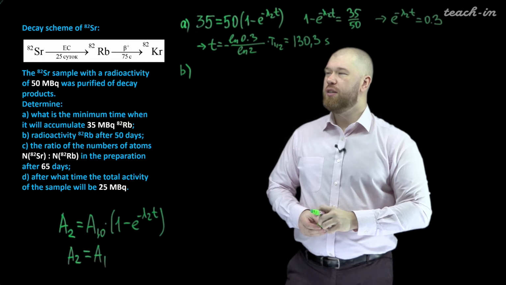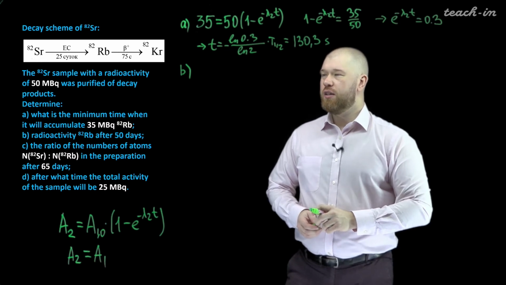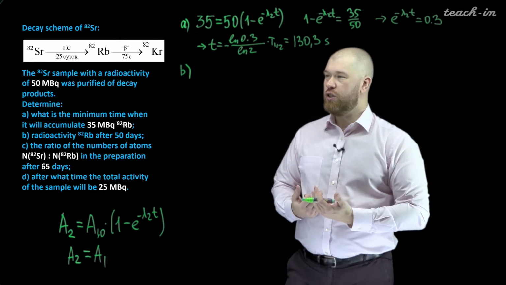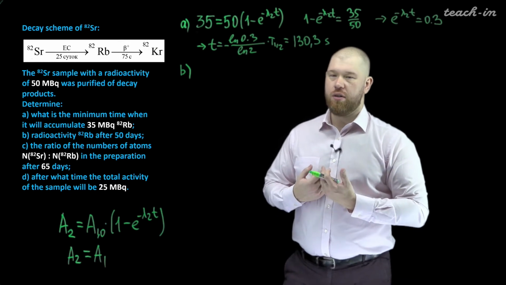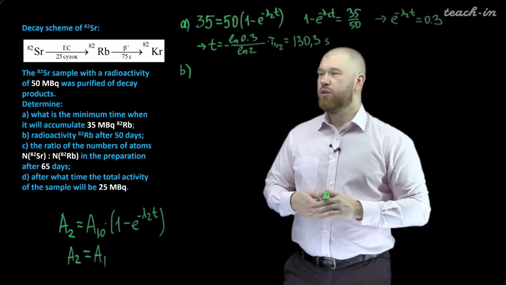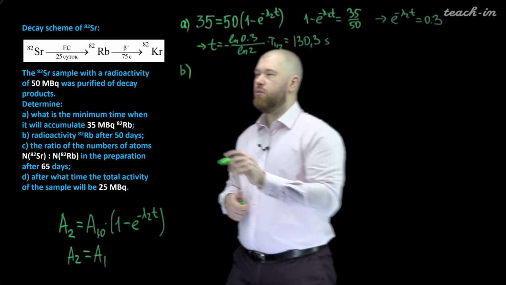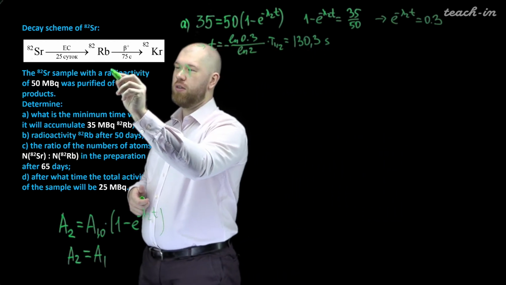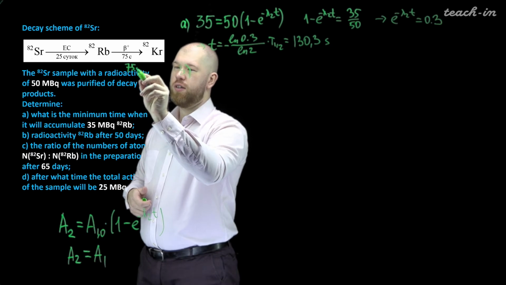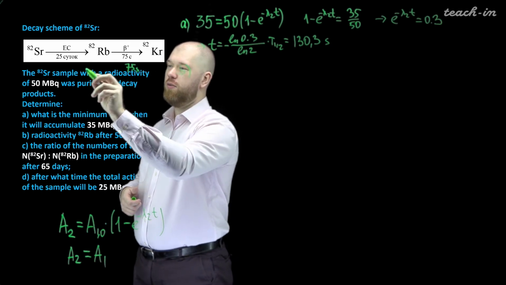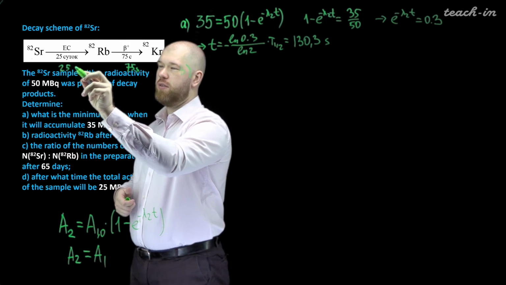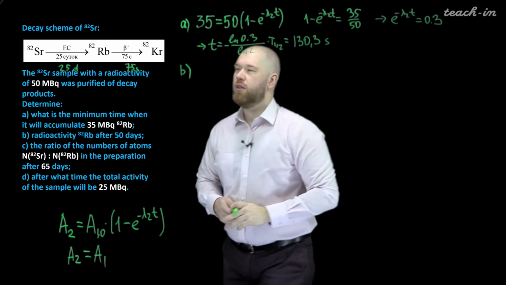So the radioactivity of rubidium after 50 days. After 50 days, we can say that the equilibrium is already reached, because we assume that after 10 half-lives of the daughter radionuclide, so I will try to correct it here, it is 75 seconds, the half-life of rubidium, and 25 days for strontium.